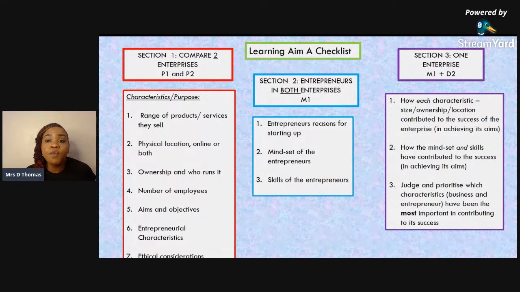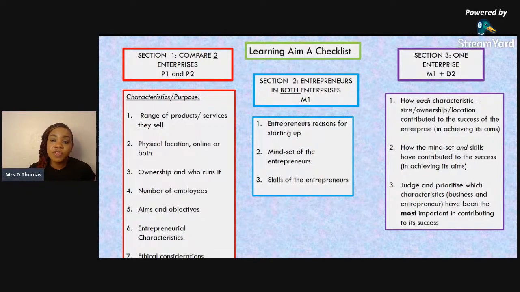So we're going to be doing M1, and then we're going to do M1 and D2. So entrepreneurs, reasons for starting up. This will be for the next assignment. Mindset of the entrepreneurs, skills of the entrepreneurs.